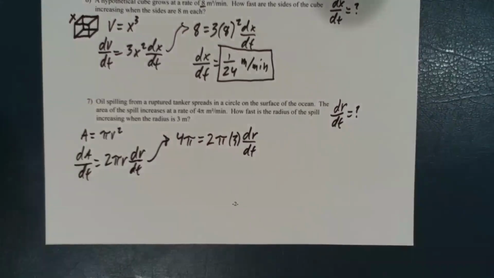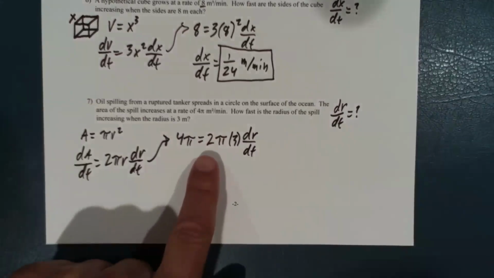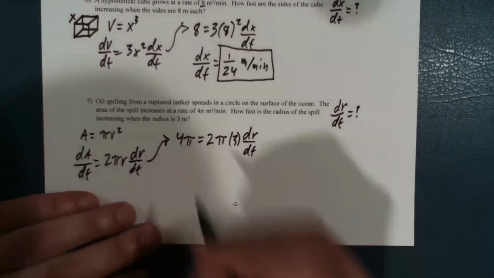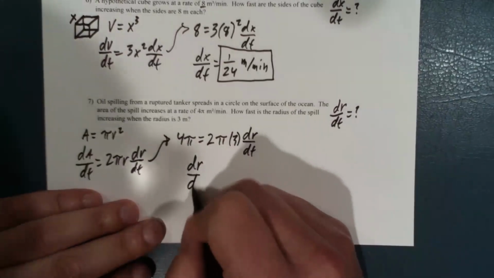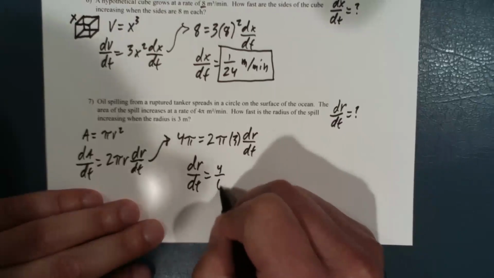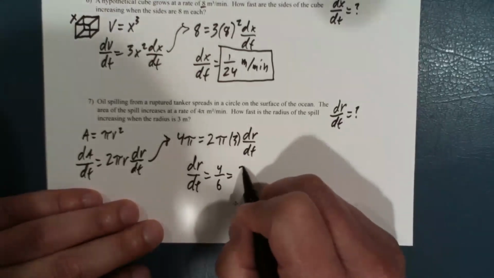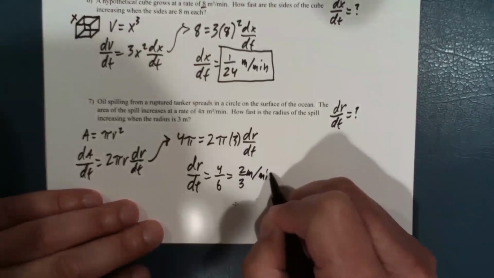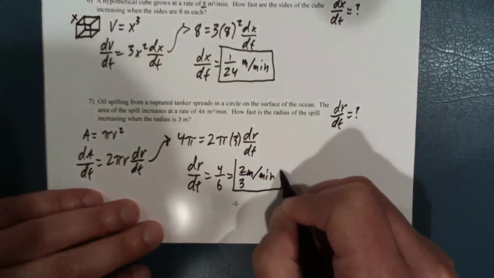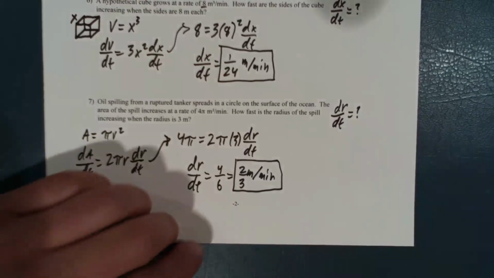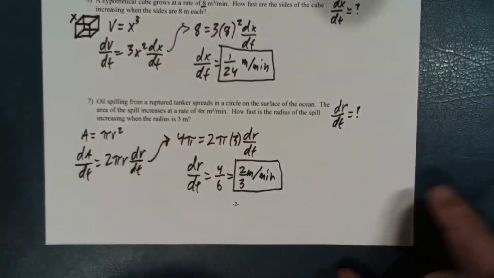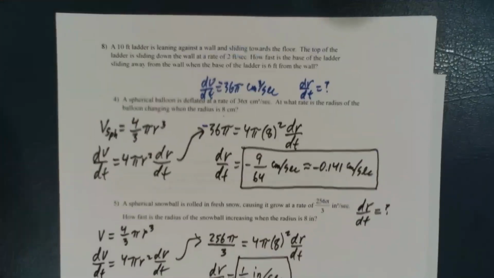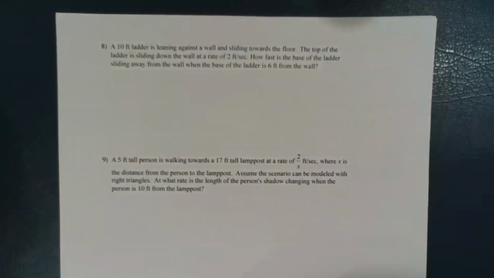Once again, the pi's will reduce out. That becomes 4/6, or 2/3 meters per minute. I'm hoping you're kind of seeing a pattern as we're looking through these. All right, 2 more problems, then we're all done.